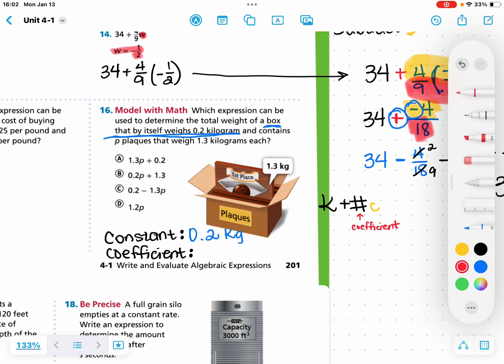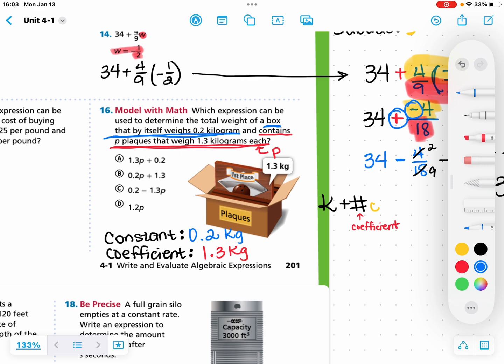Now, another reason why I'm making this the constant is because the next part says contains P plaques that weigh 1.3 kilograms each. That big word there is going to represent that this is my P plaques. Each plaque weighs 1.3 kilograms, and from there I can have 1 plaque, 2 plaques, 3 plaques, 4 plaques, and so on and so forth. So that's going to be my coefficient.